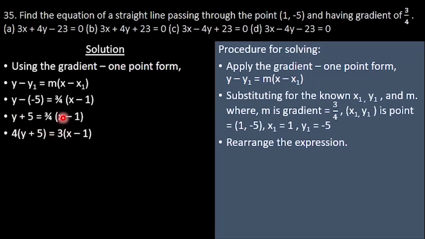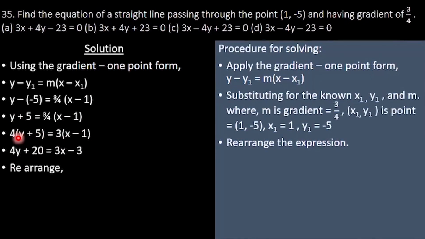Then rearrange. Carry this 4y to this side, you have minus 4y. When you carry this 20 to this side, we have minus 20. Then when you rearrange it, you now have 3x minus 4y minus 3 minus 20 is equal to 0. Therefore 3x minus 4y minus 23 equals 0.